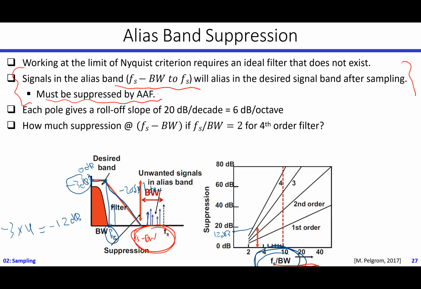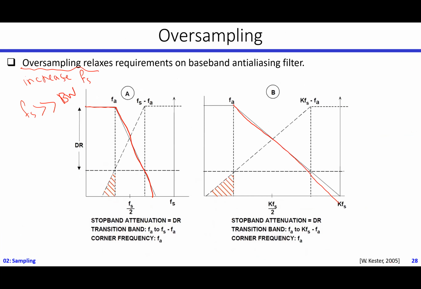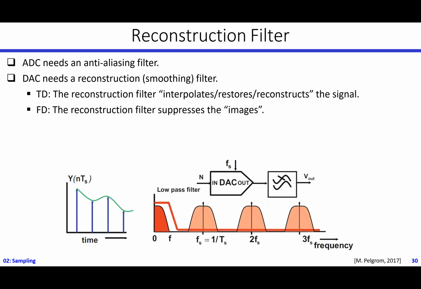Again, this is the bandwidth, this is fs, and this is fs minus bandwidth. If this point is very far from this point, then you can have a more relaxed filter. If they are near each other, then you need a very sharp filter to cut this region. Okay? Yes, I get it.